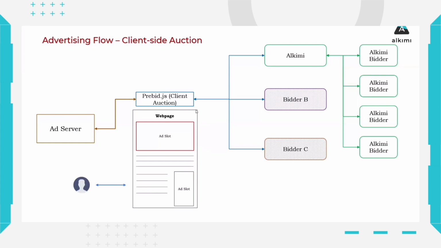So if the user is browsing that website on their laptop, the second level of auction is conducted at the client side, where there are multiple responses from each of the exchanges, and a second level auction is conducted to determine which one of these responses actually won the bid, and that corresponding ad is shown to the user. So this is what we refer to as the client-side auction, which is the first way in which publishers can actually integrate with the ad exchange.